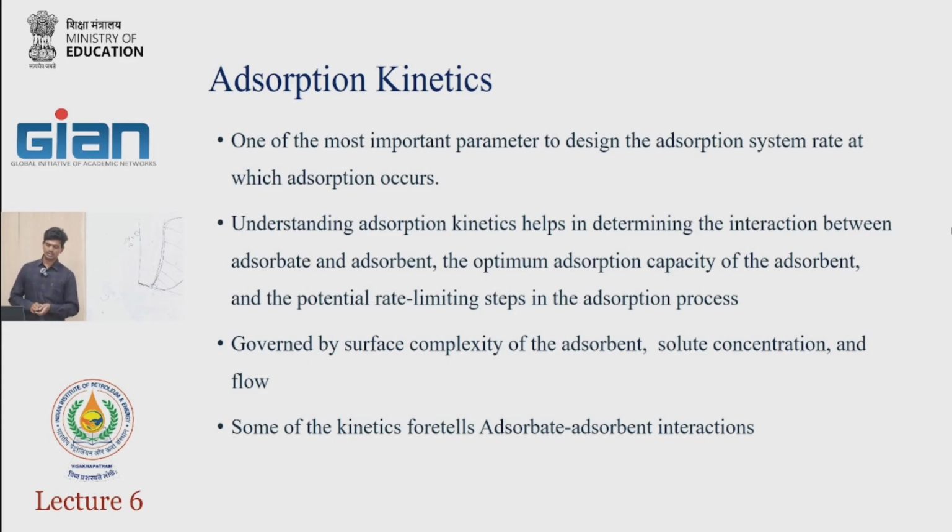Governed by the surface complexity of the adsorbent, solute concentration and flow, the kinetics may be very different in all situations. Based on the kinetics, we can say whether physical adsorption or chemical adsorption is happening, and so we can also describe the interaction between them.